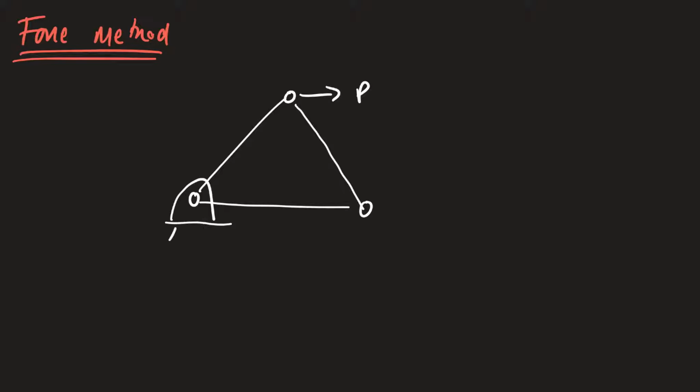So let's say, for example, I've got a pin-jointed truss frame, and I've got some unknown force here, and I've got 2 built-in supports.